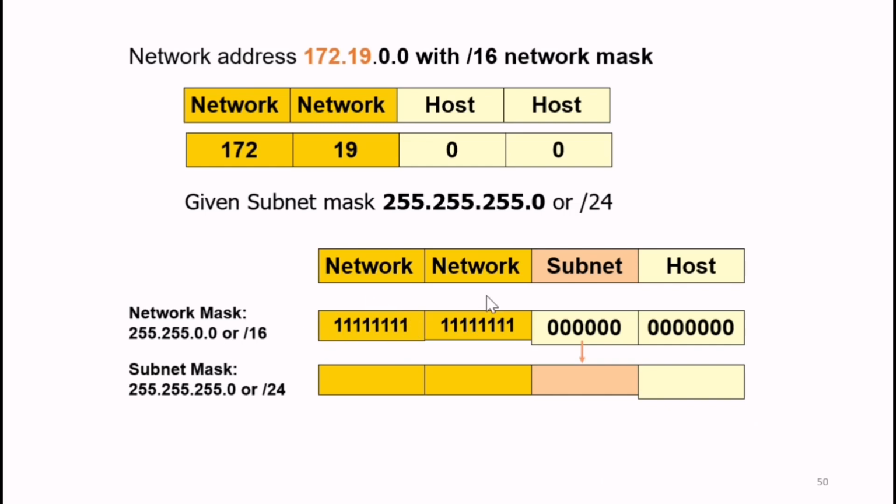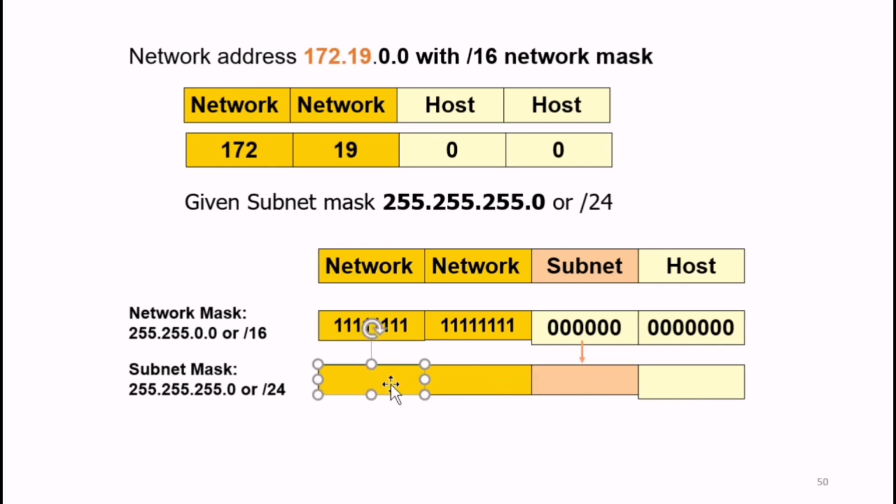The first 2 octets are the network address. Why /16? Because it uses 16 binary bits, the first 16 bits, as the network. If it's /24, it means it uses 24 binary bits in the address.